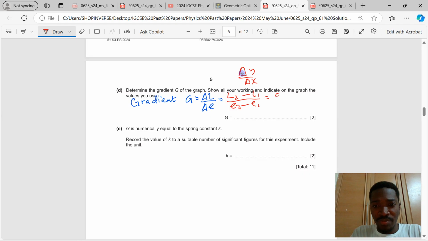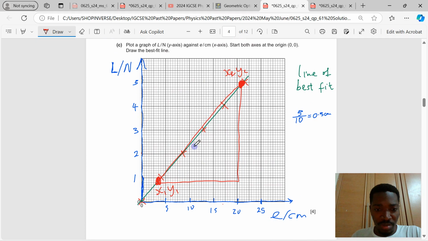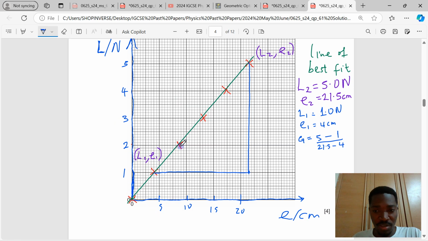My L2 is 5 Newton, my L1 is 1 Newton, and then my E2 is 21.5 centimeters. My E1, I think I got 4 centimeters. Let me check it. Yeah, my E1 is 4 centimeters. As you can see from the graph here, the value is 4 centimeters.